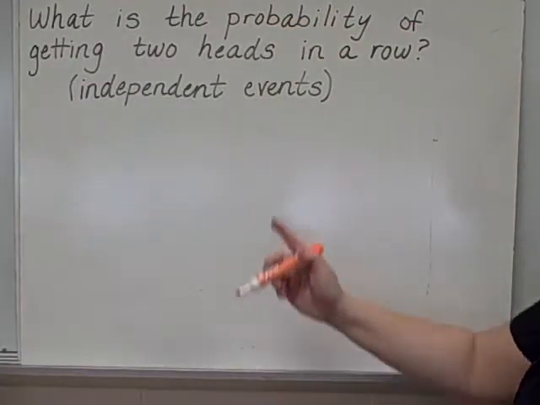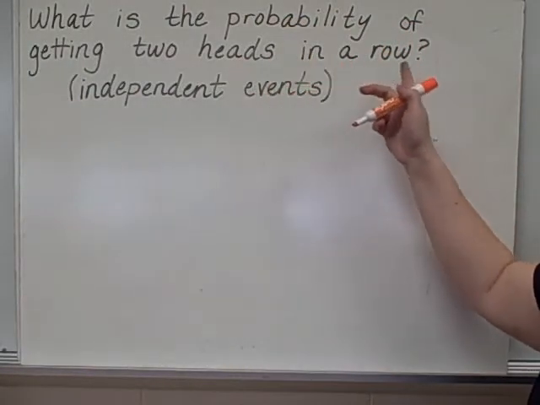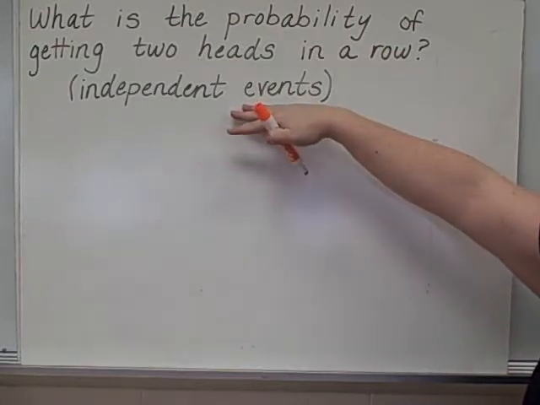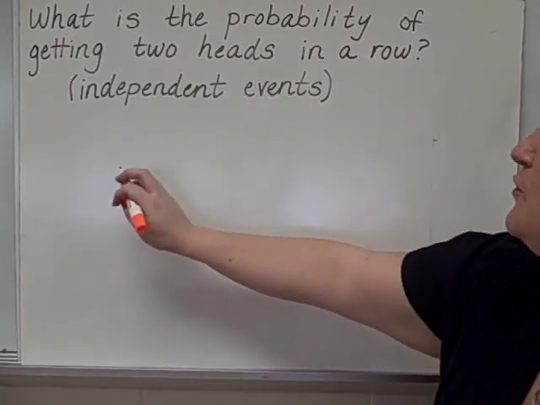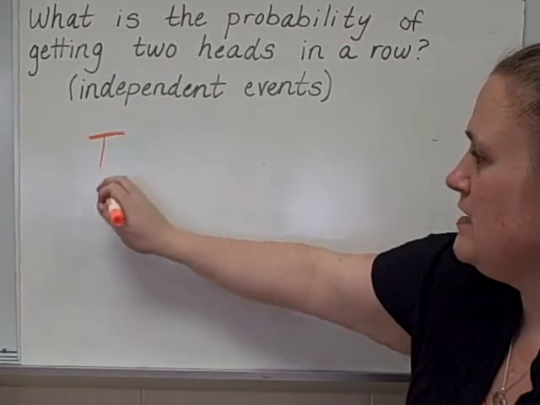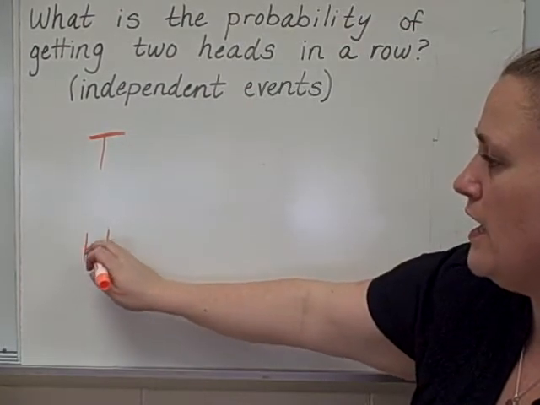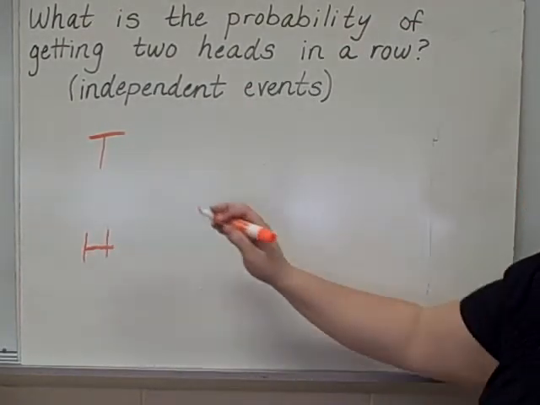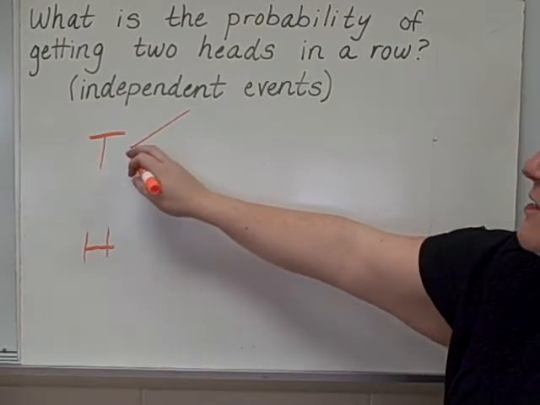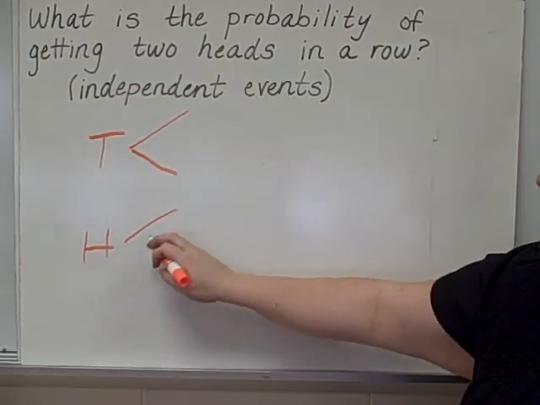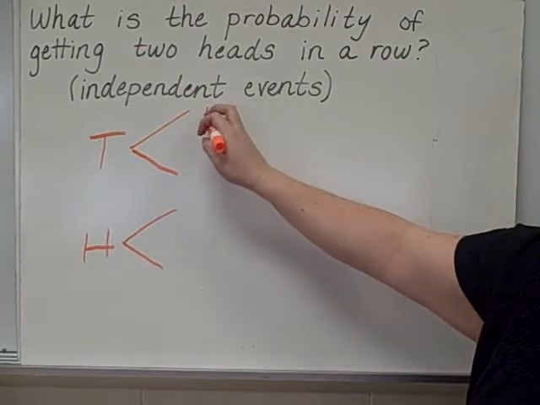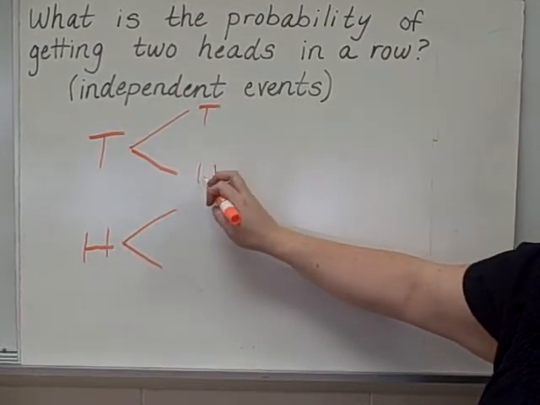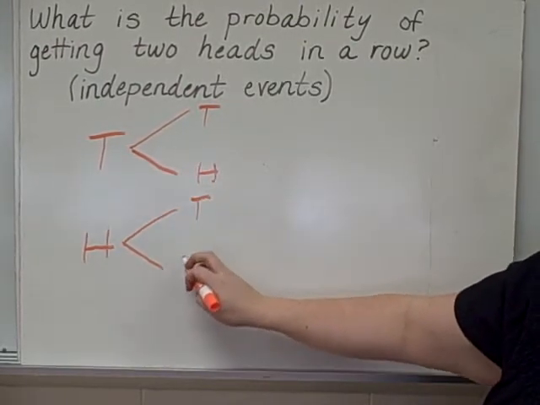So what is the probability of getting 2 heads in a row? This is also independent. First, I could get a tails or a heads. Then on my second flip, I can again get a tails or a heads.